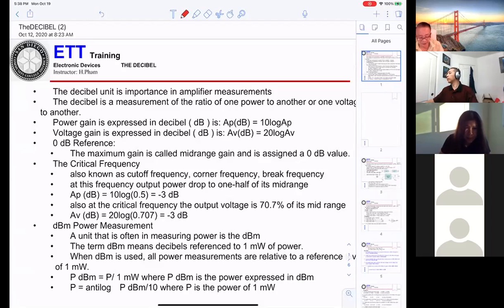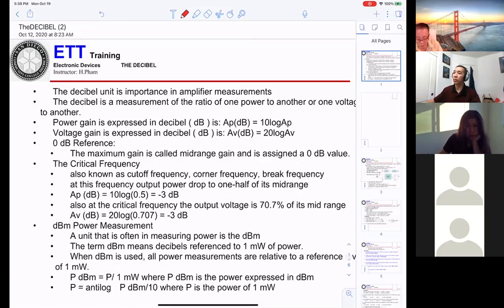Okay, 0 dB reference. The maximum gain, the mid-range gain, is assigned a 0 dB value. And also the critical frequency.